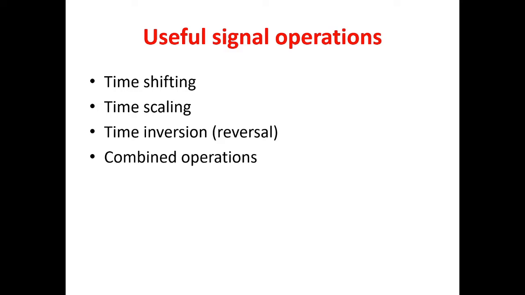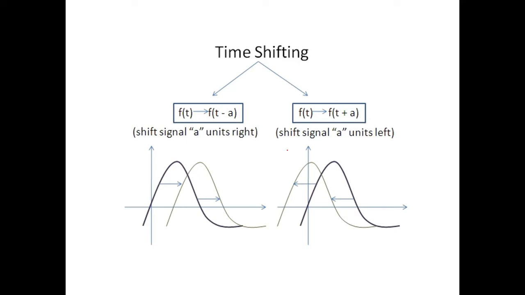So some useful signal operations are time shifting, time scaling, time inversion, and combined operations. Time shifting: if you see f(t), if we time shift by a units of a, then it becomes f(t minus a).